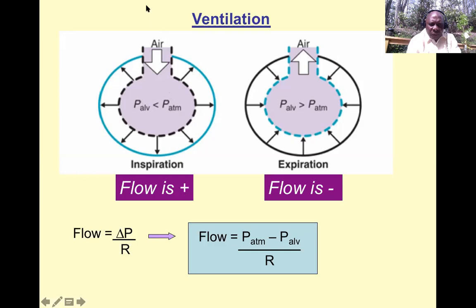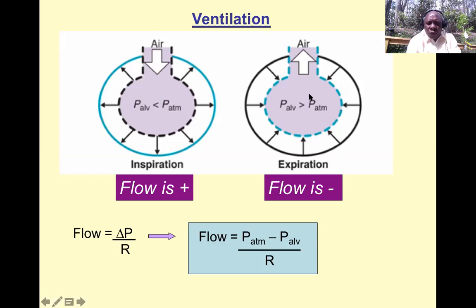So the pressure in the atmosphere will be greater than the pressure in the alveolus, and therefore air will go in. There'll be a positive flow. I'm sure you're asking how the gradient is created. We'll look at that. But for now, just know that there's a gradient that pulls air inside.